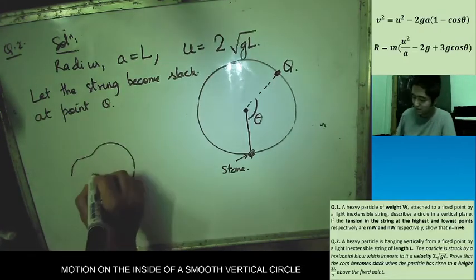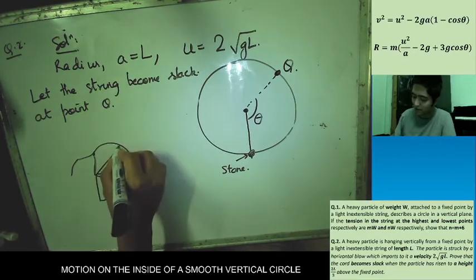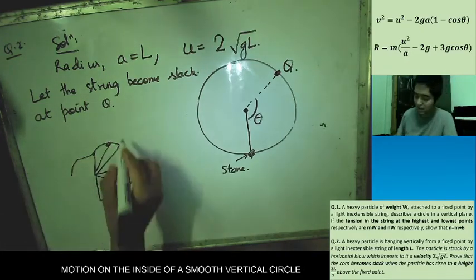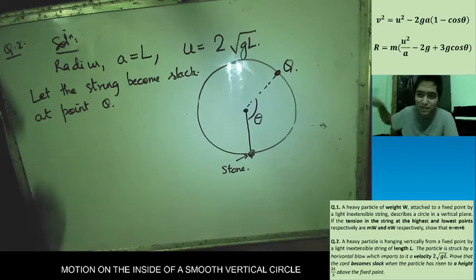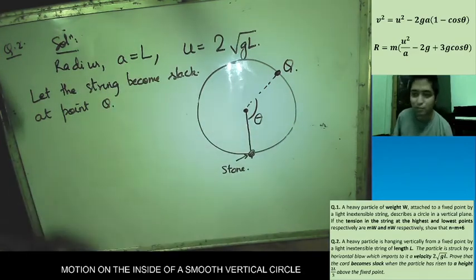Here there's still tension, but at some point of time there is no more tension, and the stone will fall down. Just imagine that you are swinging a stone, and at some point it will fall down. So that is when the string becomes slack. Let it be at point Q.